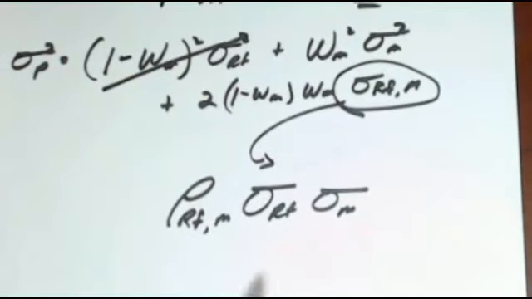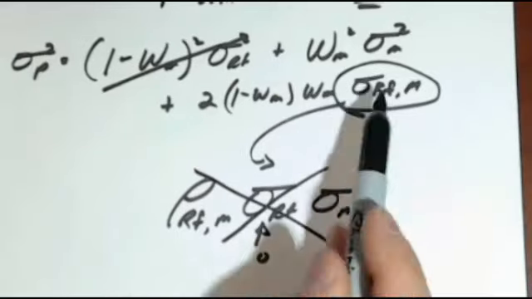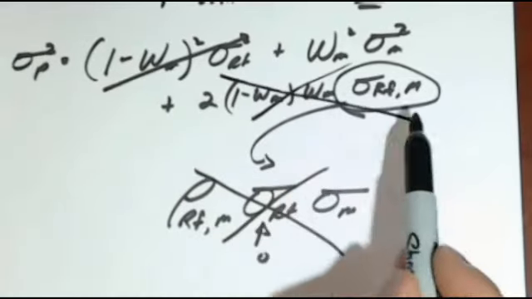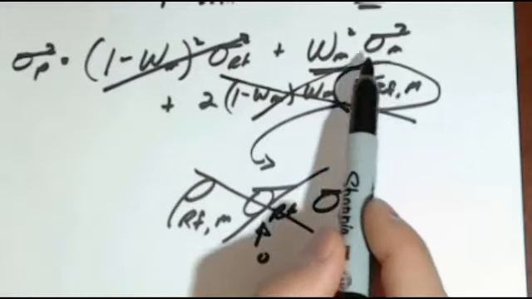So this is always zero, which means this whole term cancels out, and all we're left with for this equation is these components.